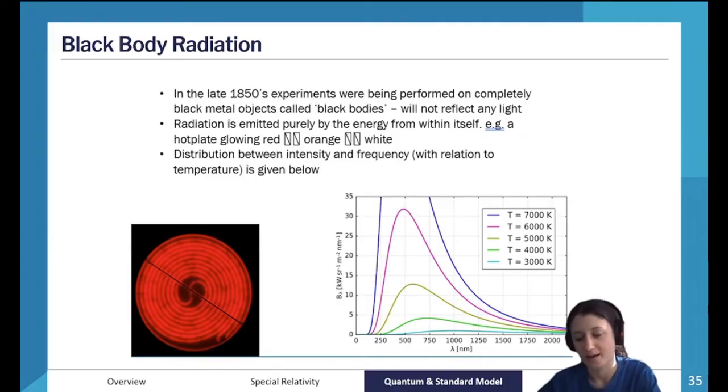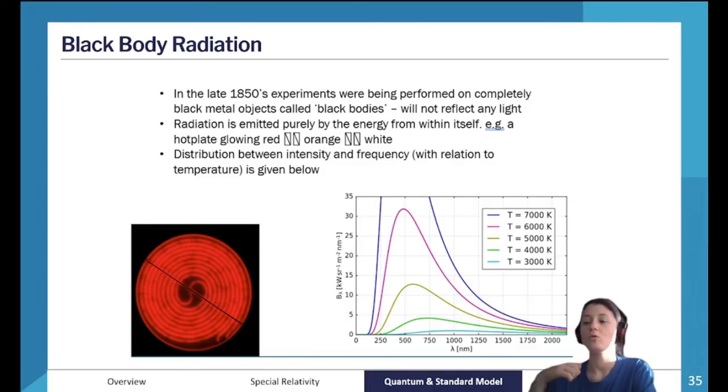Remember, the wavelength and frequency are directly related. So, the brightness is the intensity of the light. It's essentially like how much light is there. Alright, it's not to do with the color, it's to do with how much there is. So, as the brightness increases, what we see for a little bit is that the wavelength increases too. Then there is a peak, and after that, when the brightness is decreasing, the wavelength is still increasing.